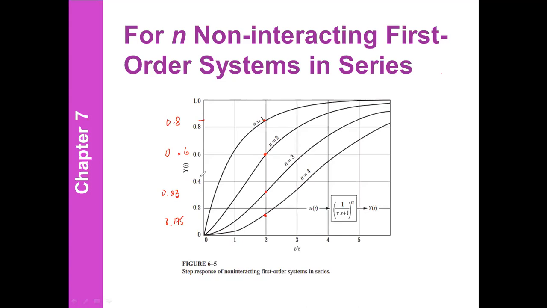The more tanks you add to your system, it will take a lot of time for the last unit in your system to feel the changes in the volumetric inflow that is happening to the first tank, because it has to pass through several tanks that were arranged in series.